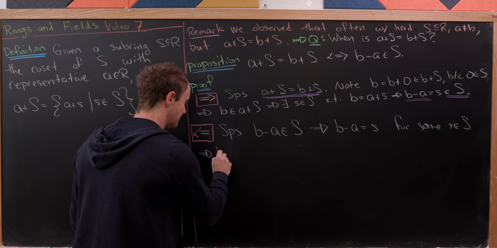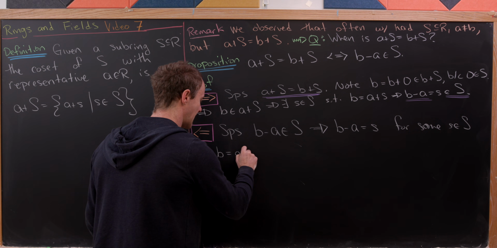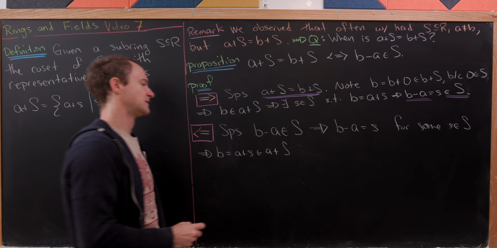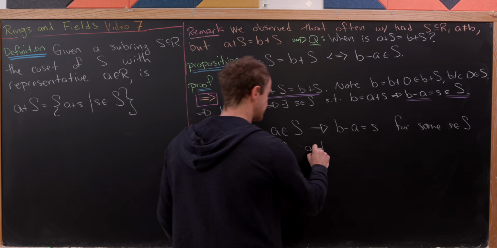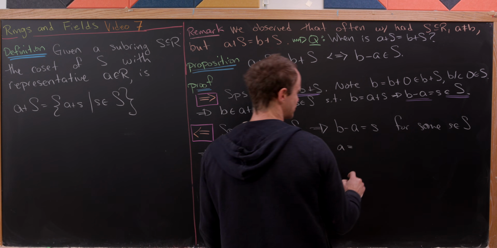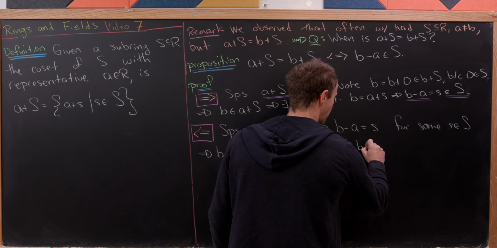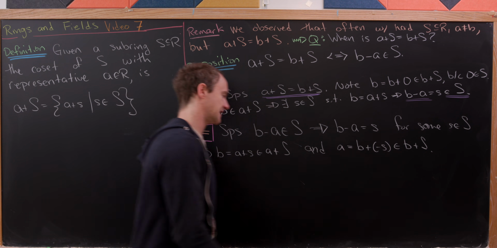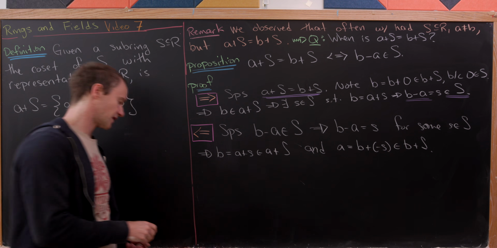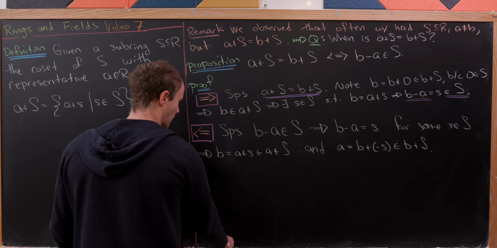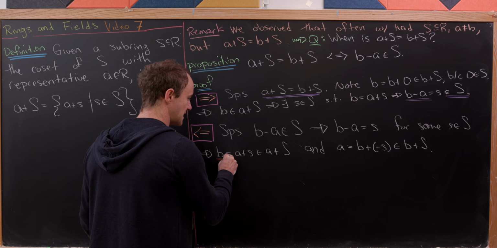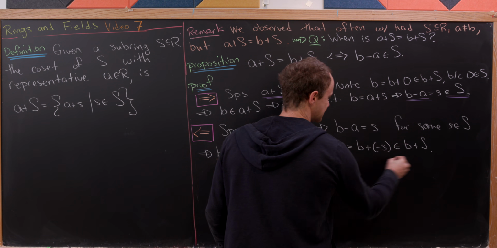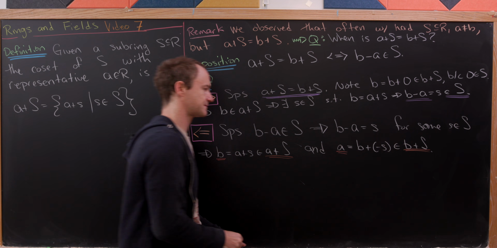We can see that little b is equal to little a plus little s, which is an element of the coset A plus S. And we also see that little a is equal to b plus negative s, which is an element of b plus S. Okay, so we've got two things going on here, and these are both important for what we're going to do. We've got little b is inside of a plus S, and we've got little a is inside of the coset b plus S.